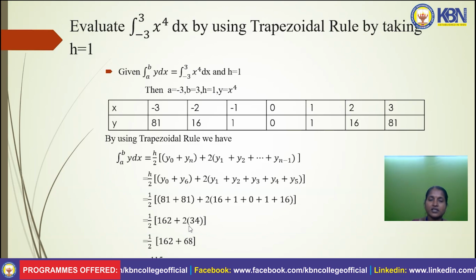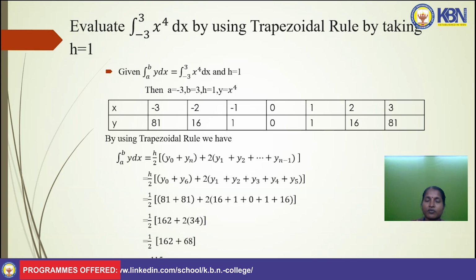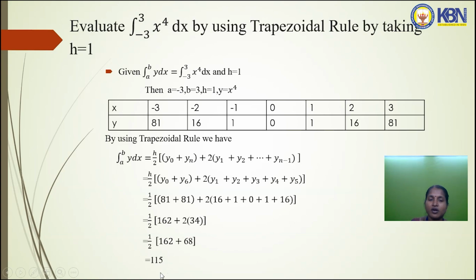So 162 plus 2 into 34, which is 68. So we get the answer 115. By using the trapezoidal rule, the integral of minus 3 to 3 of x power 4 becomes 115. We can use numerical integration by the method of the trapezoidal rule.